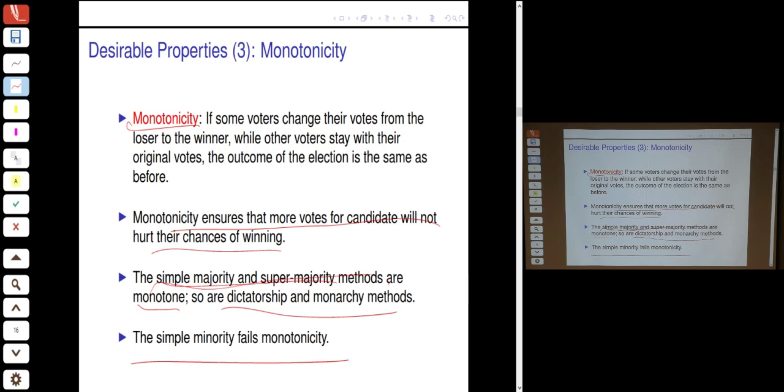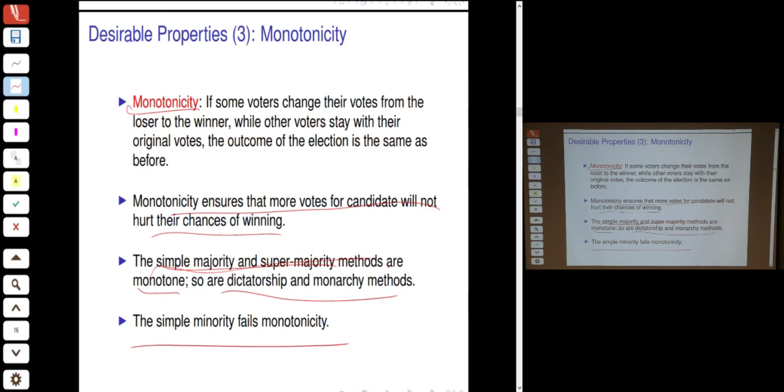Because he won by simple minority because he had received the lowest number of votes. Now what you are doing is going in and switching some of the other votes in his favor, so his votes will increase, so he might not remain the candidate with the least number of votes, so he will no longer be the winner by the simple minority method. So simple minority fails the monotonicity property. Any questions?